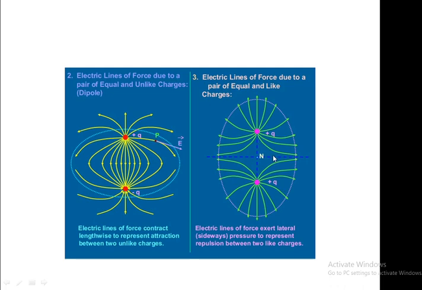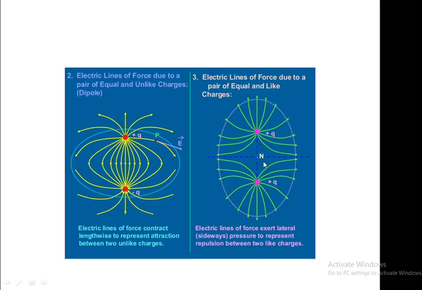Now let us see here. Here is like charges, plus q plus q. So which sort of force? Repulsion or attraction? Repulsion. So due to the repulsion, you can see a lateral or sidewise pressure. Sidewise pressure. Due to the pressure, you see no electric field line is trying to move to this point.